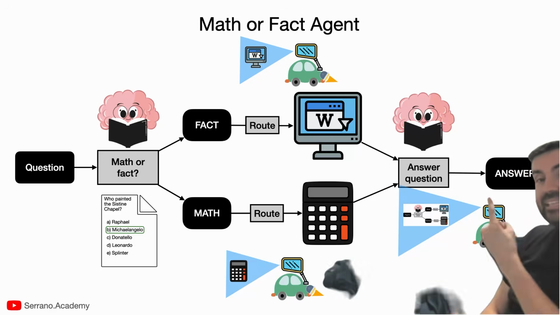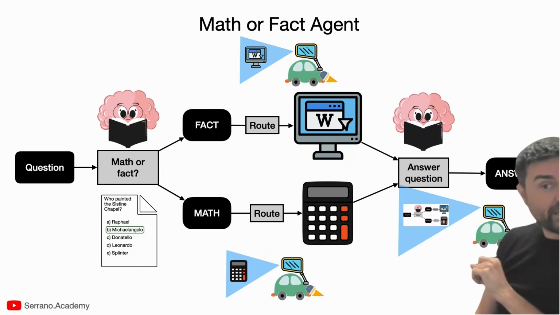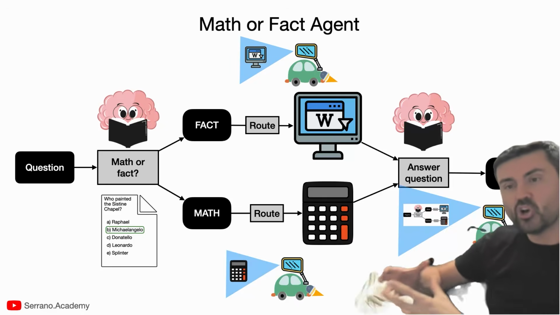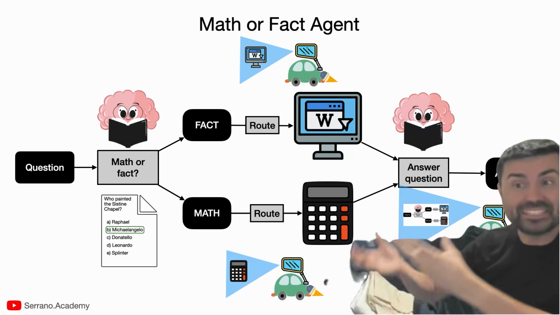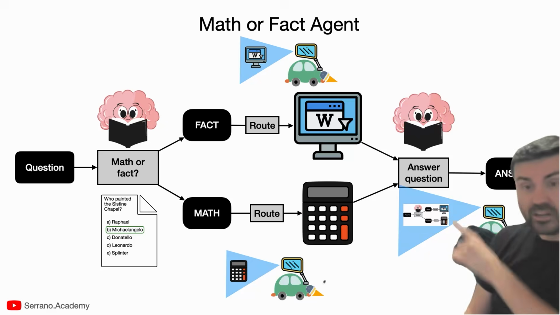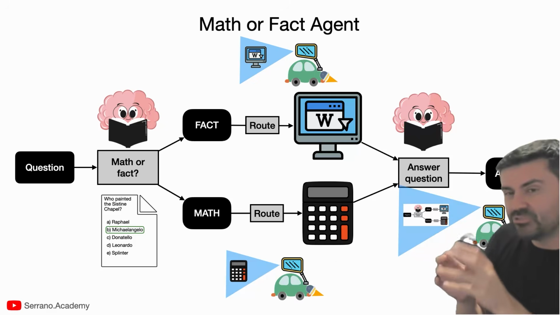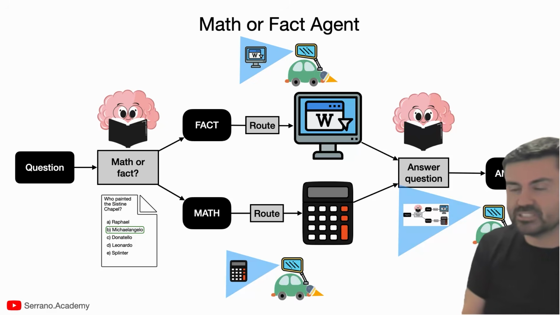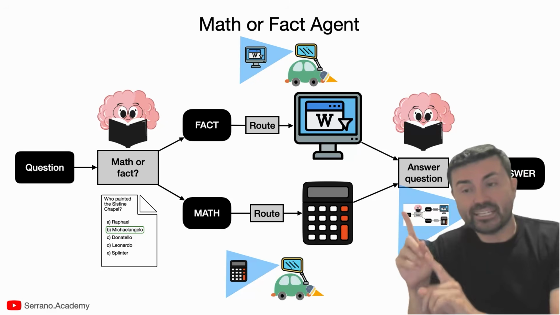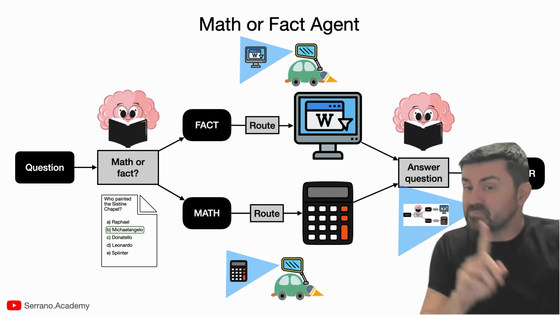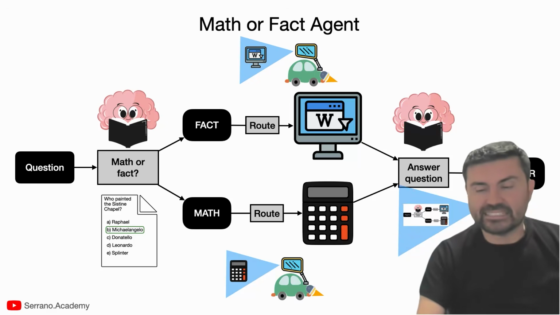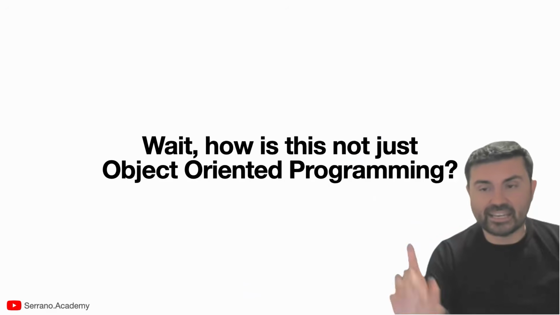And finally, the agent that answers, which is the same router agent with an extra function, is able to answer the question, putting in the rearview mirror all the stuff that came from the other agents, including the initial question. So all of them are using the rearview mirror and they're not using that headlight very much. So that's the point of agentic systems, to be able to do things utilizing the strengths of LLMs and mitigating their weakness. However, after seeing all this, I still had a question, and I had it for a while.